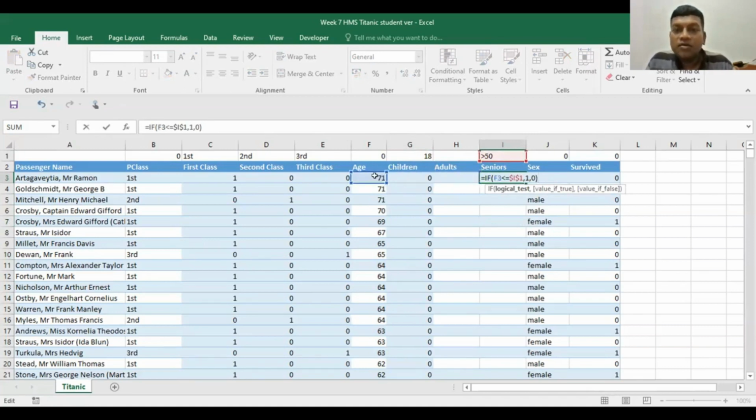If F3 is greater than 50, it's 1, else 0.